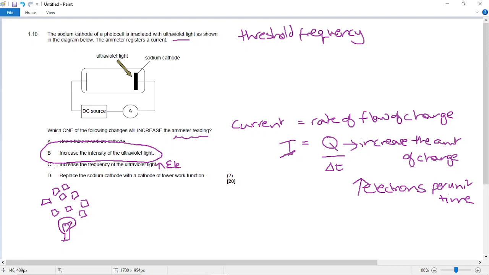And so these two, C and D, have the same effect. If you put a cathode with a lower work function, remember E is W0 plus EK max. So by lowering the work function, all that's going to happen is you're going to increase the maximum energy of the electron, but you will not make more electrons pass per unit time.